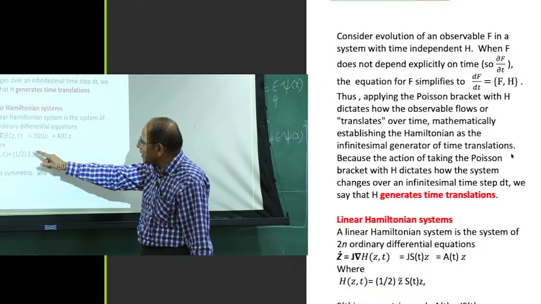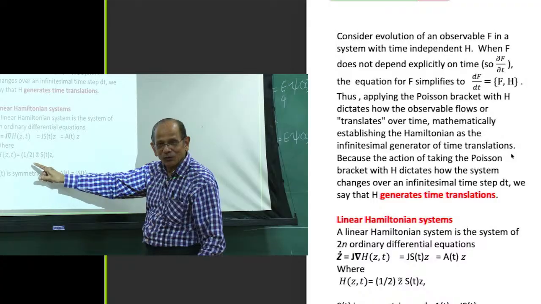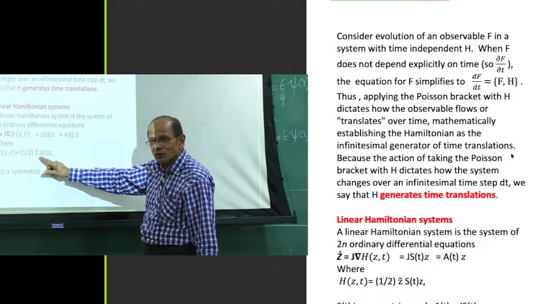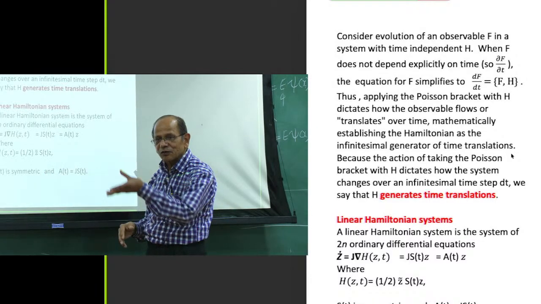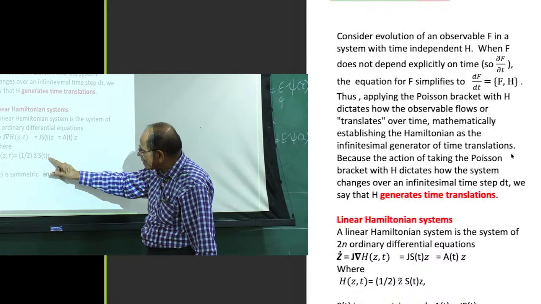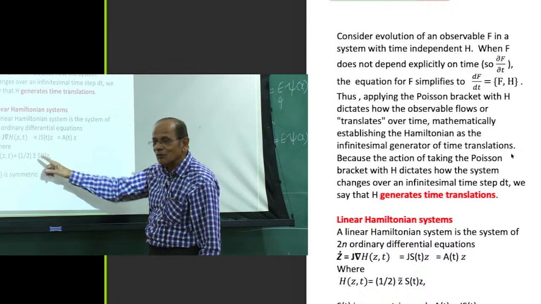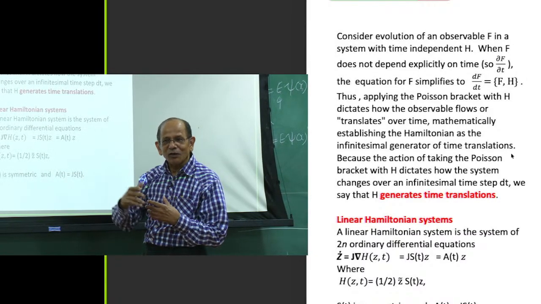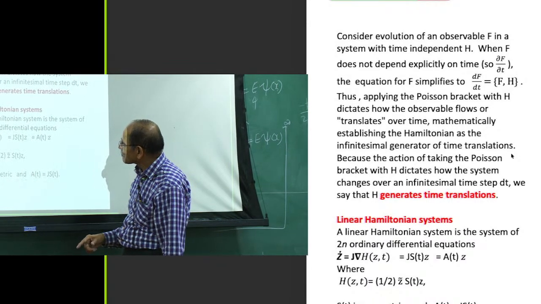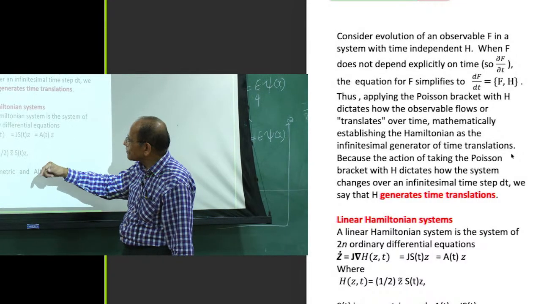So therefore Hamiltonian at most can be quadratic, nothing more. So this is the quadratic Hamiltonian. 1/2 for simplicity of writing the equations. It's not crucial, but it simplifies the eventual equations. Then Z transpose, because Z is a column vector, I want to make a row vector. So Z transpose a matrix S, square matrix, into Z, where S can always be taken to be a symmetric matrix, because there are Z's on both sides. If it is not symmetric, you can always readjust it and make it symmetric. So S is therefore a symmetric matrix. Now use this H and write down Hamilton's equations. What is Hamilton's equation?